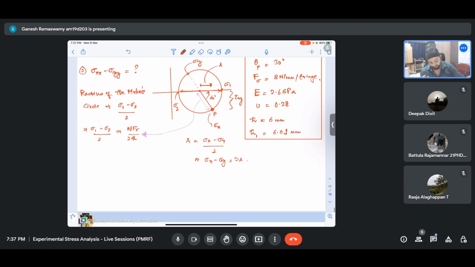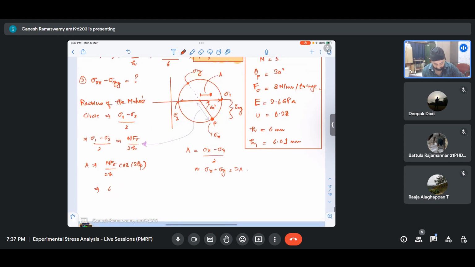Then I can find out a as n f sigma by 2h cos 2 theta p, because theta p is 30 degrees. So n f sigma by h I already got as 6.67, by 2 cos of 60 degrees is my a.